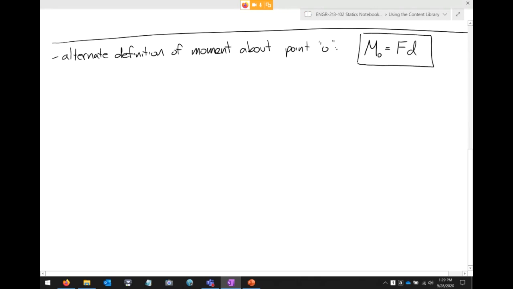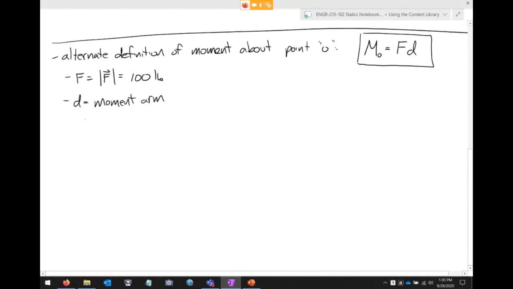Okay. Now, F is the magnitude of the force vector, which in this case is just 100 pounds. Now, D is what we call the moment arm.